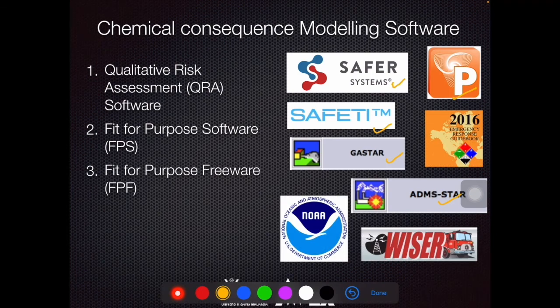There are fit-for-purpose freeware as well, such as WISER or NOAA ALOHA. But we will only look at one of these software, and I will share with you how we input the information and how we run the gas dispersion model based on one of these freeware.